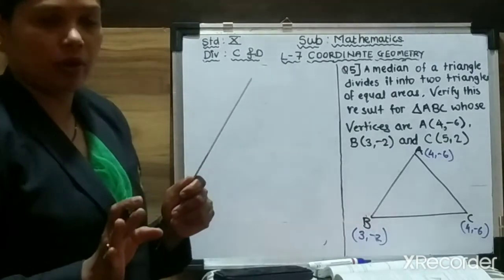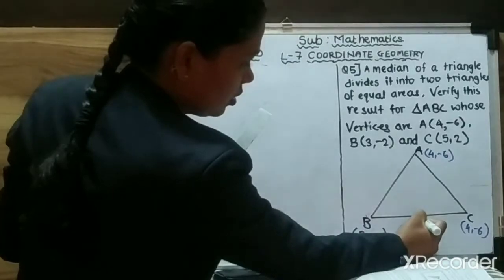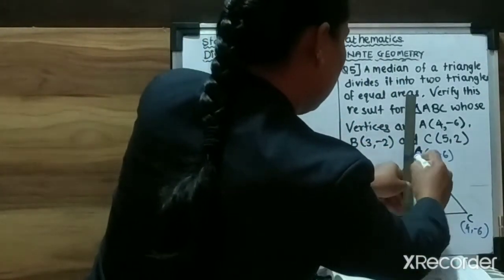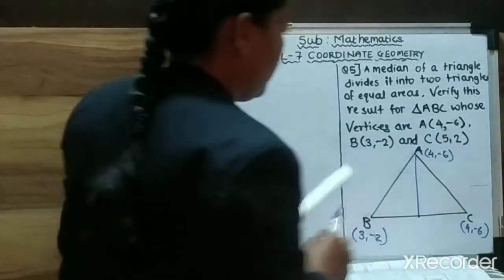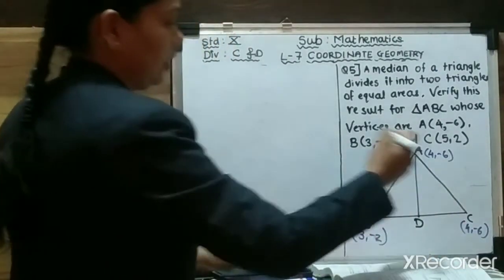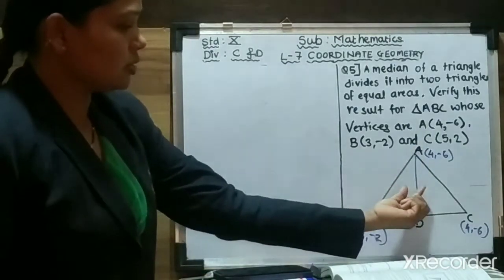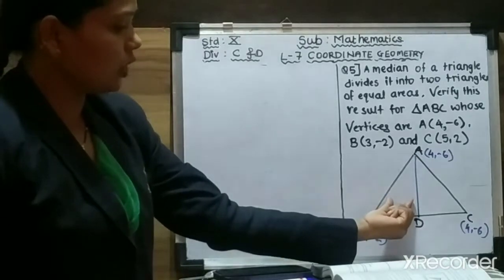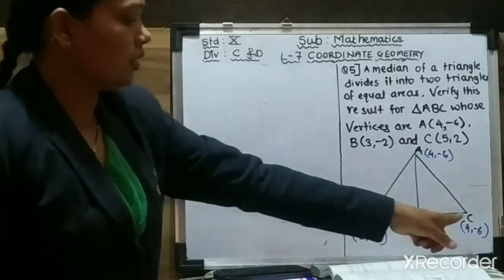I'll take the midpoint here somewhere, and I'll take this as point D. So this AD is the median of triangle ABC, which divides it into two equal-area triangles, ABD and ADC.